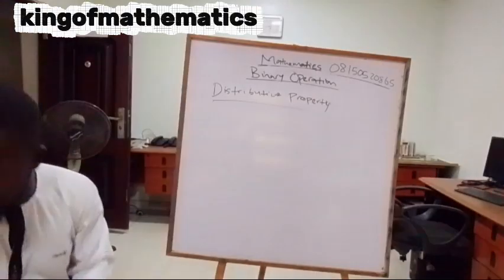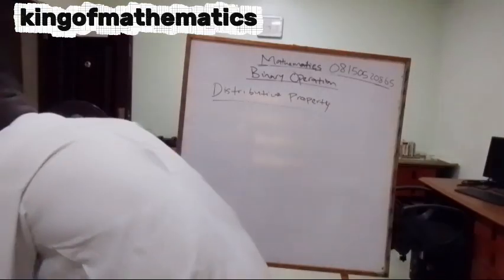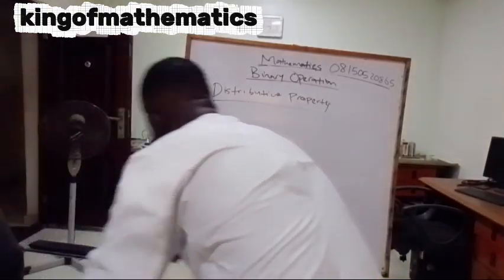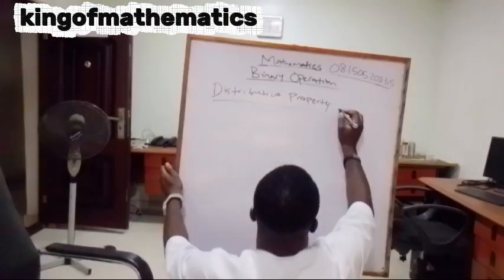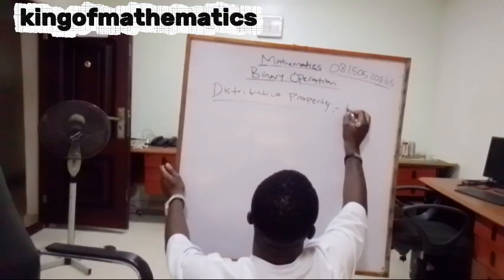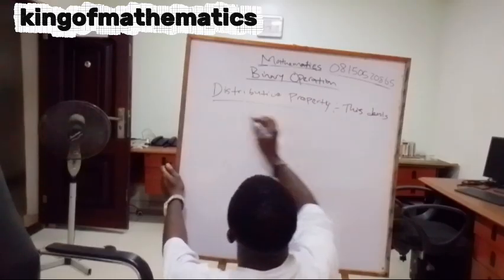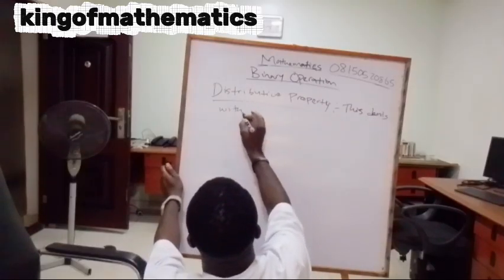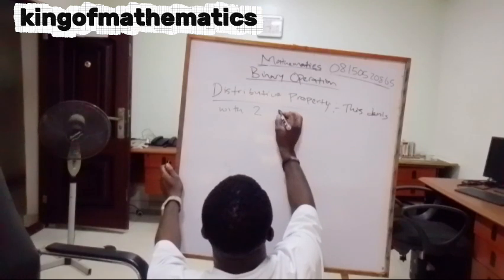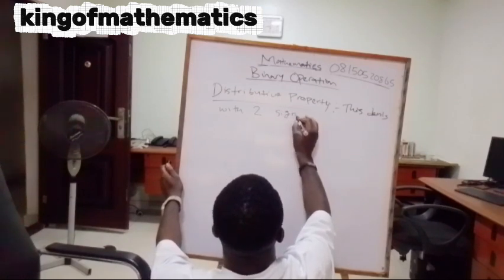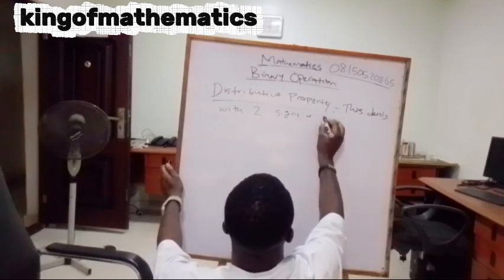Now, if you want to deal with the distributive property, let me just go straight to the point. It deals with two signs or symbols.